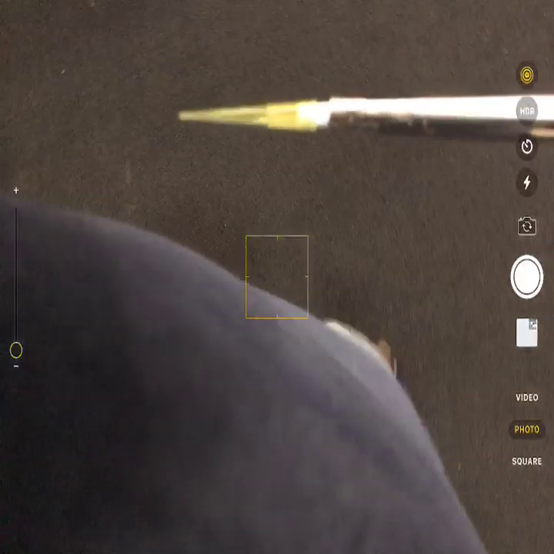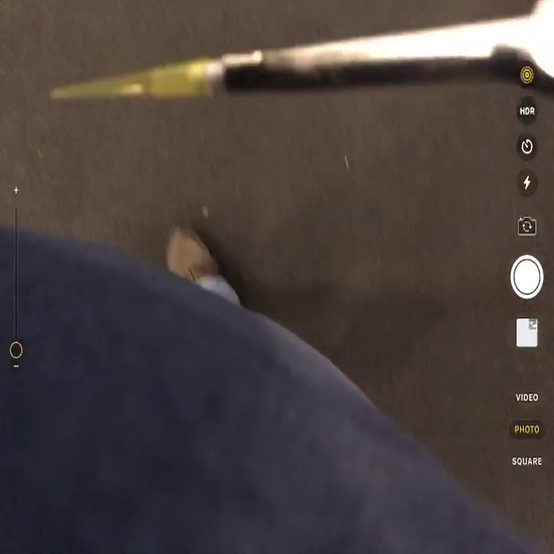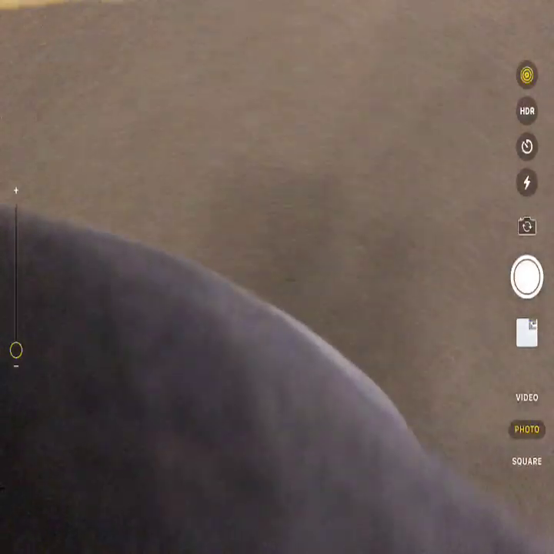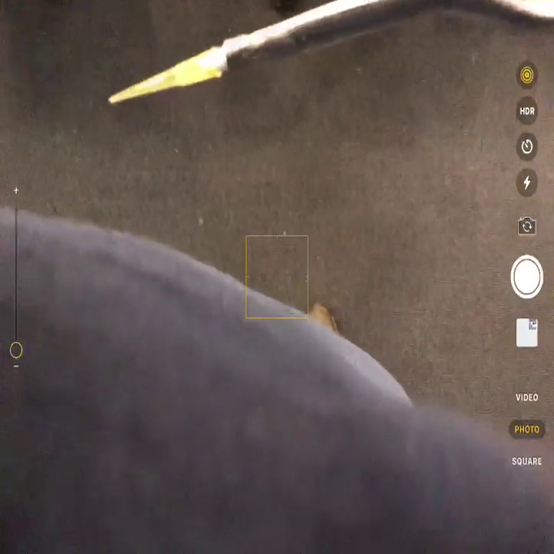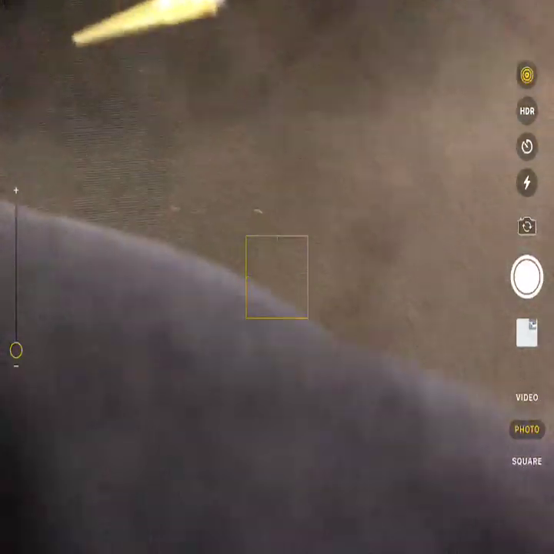Make sure that the tip is nicely on. Do me a favor, don't try to force a yellow tip onto a blue pipette. It's not going to work. Make sure that the pipette and the tip are nicely connected, that the tip doesn't fall off.